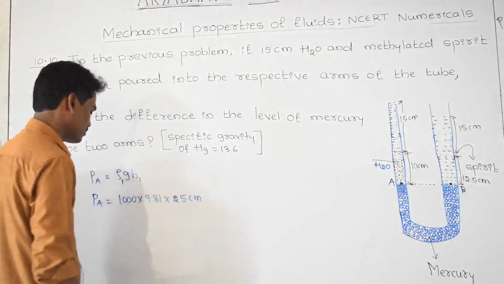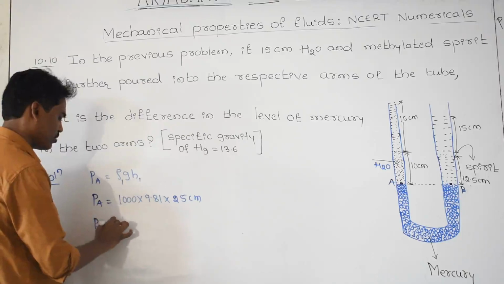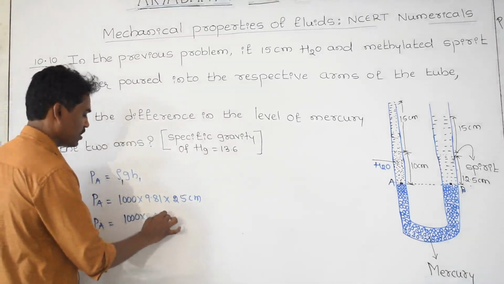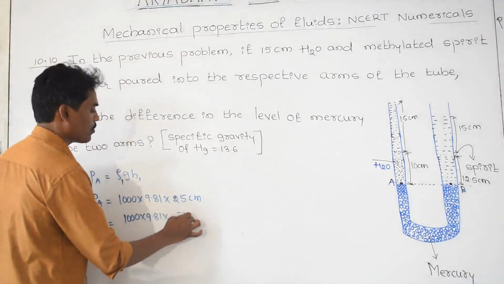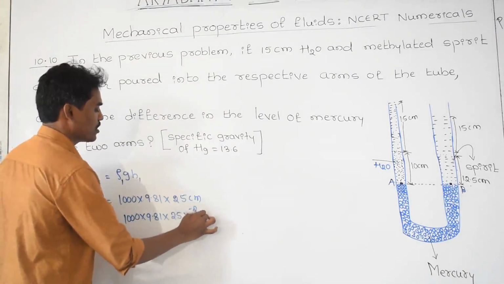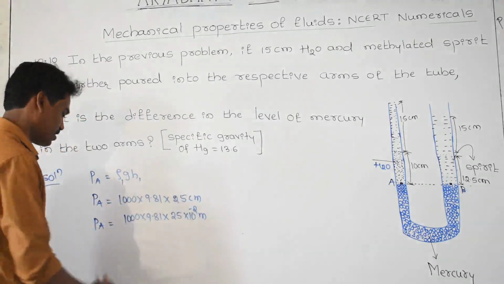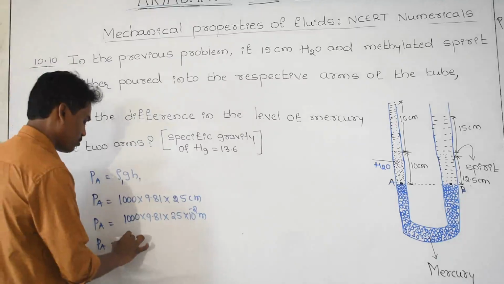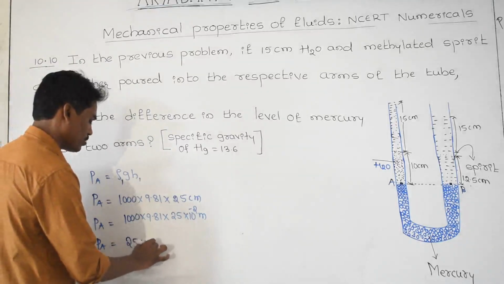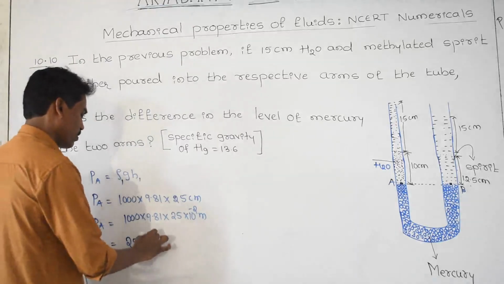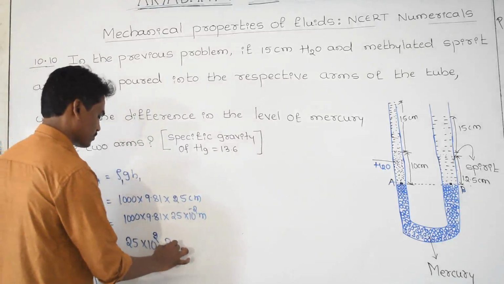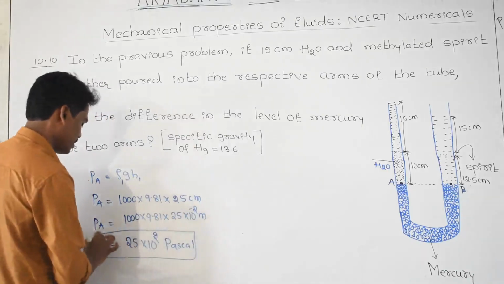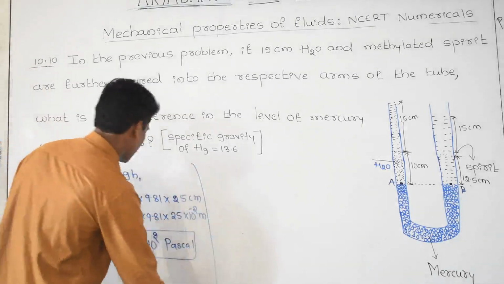So Pa equals 1000 into 9.8 into 25 into 10 to the power minus 2 meter, centimeter being converted into meter. Calculating, you get Pa equal to around 25 into 10 to the power of 2 Pascal.